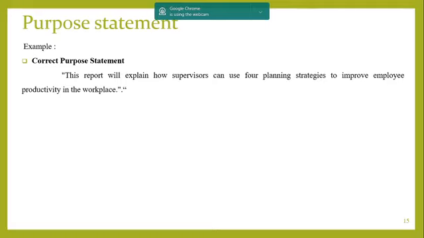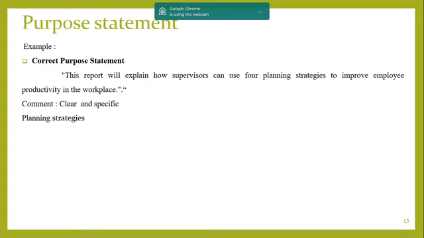Here, if you see, this report will explain how the supervisor can use 4 planning strategies to improve employee productivity in the workplace. Okay, it's very clear and specific.